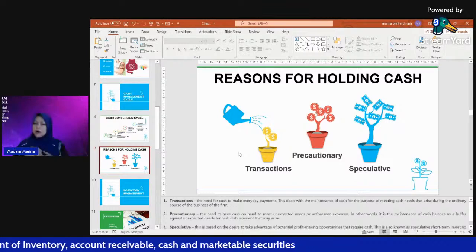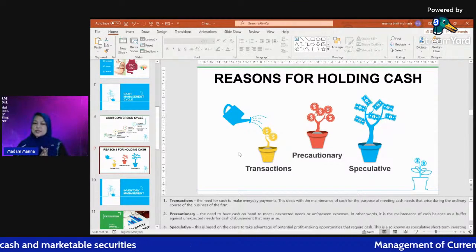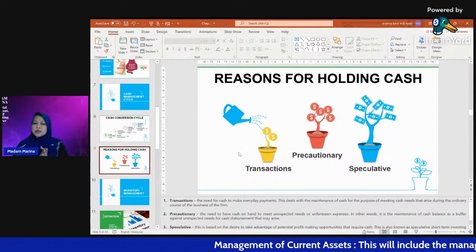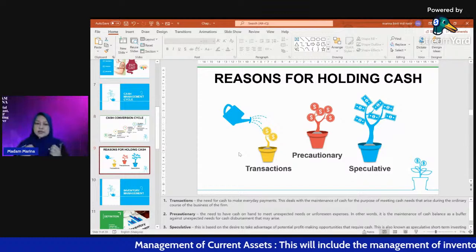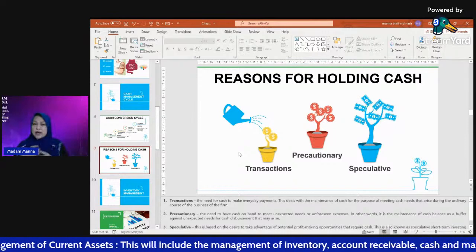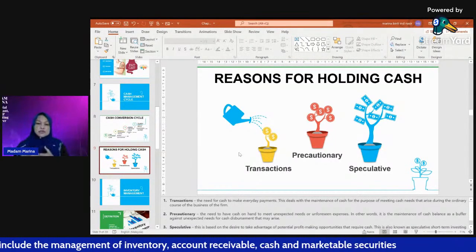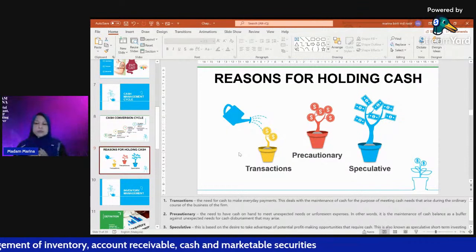So how do we manage the cash? Because of these three reasons. The first one is the transaction motive, because we need cash to make everyday payments, everyday transactions. This is the maintenance of cash for the purpose of meeting cash needs that arise during the ordinary course of the business of the firm.